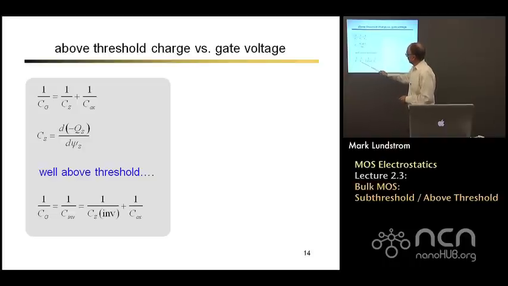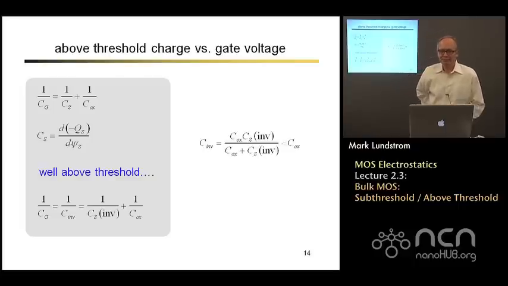I'm going to give it a label of 1 over C inversion. When I refer to C inversion, I'll be referring to the gate capacitance under inversion conditions, and it's going to be 1 over the semiconductor capacitance under inversion conditions, which is very big, plus 1 over the oxide capacitance, which is just determined by the thickness of the oxide.